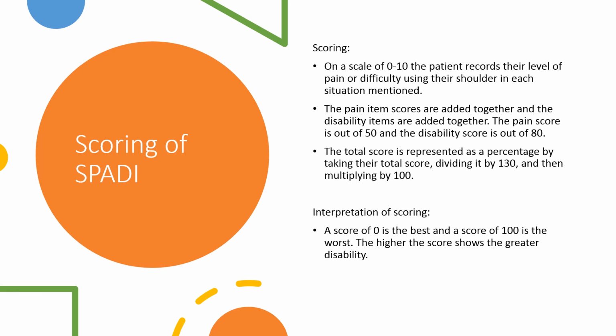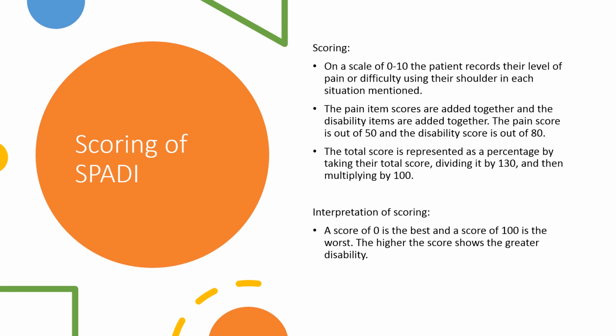So now we're going to get into the administration, scoring, and how to interpret a SPADI score. Like we mentioned previously in the presentation, it's a self-report questionnaire where the patient will receive questions. Each question they get, they're answering on a 0 to 10 scale, 0 being the best and 10 being the worst.